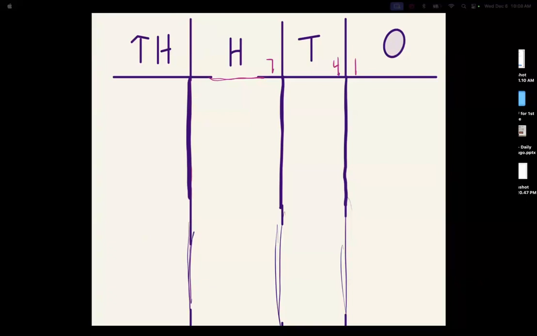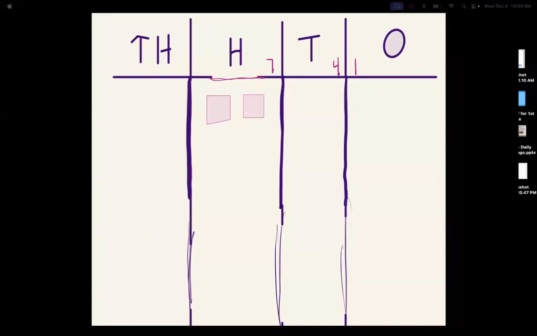How many hundreds? How many tens? How many ones? Good job, Zuri. Zuri says there's going to be 7 hundreds cubes.